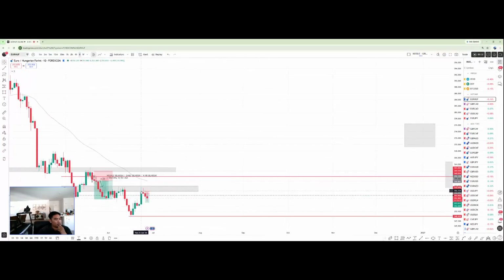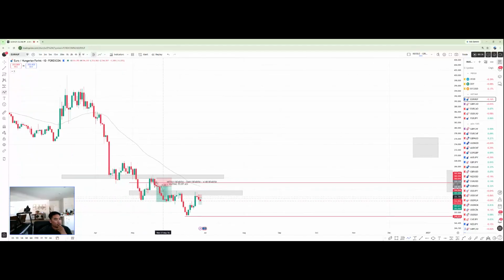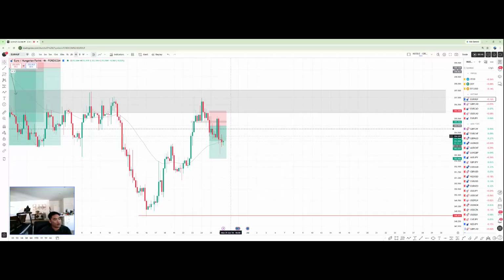So when I see this rejection on the daily, this one right here, I was like, okay, we're going to look for an entry on the 4 hour. The 4 hour gives me a lower high, lower low, the potential lower high.